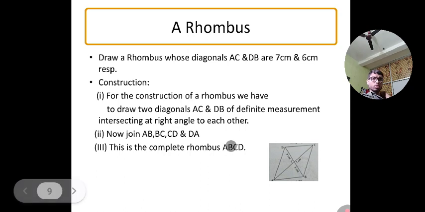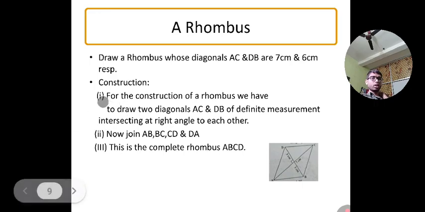What is a rhombus? A rhombus is also a quadrilateral. Here, draw a rhombus whose diagonals AC and DB are 7 centimeter and 6 centimeter respectively.